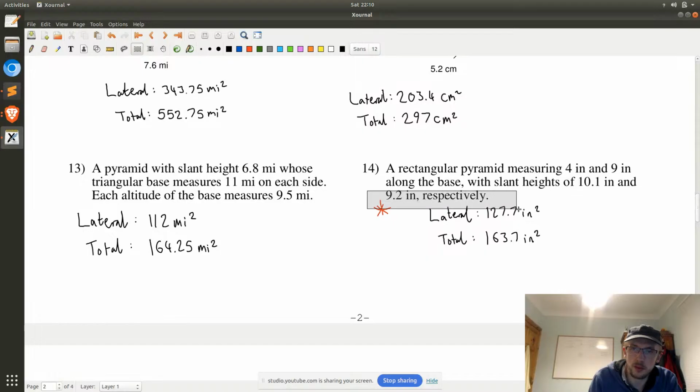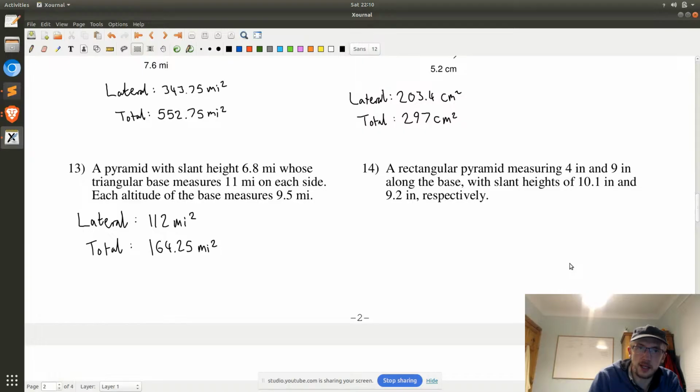The lateral surface area of this has to be fixed. We'll fix the entire thing. Okay, so notice how it says respectively. That was the error. All right, so slant heights 10.1 and the base 4. Okay, so 10.1 times 4 is 40.4. And then 9 times 9.2 is 82.8.